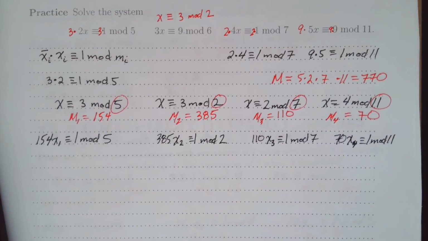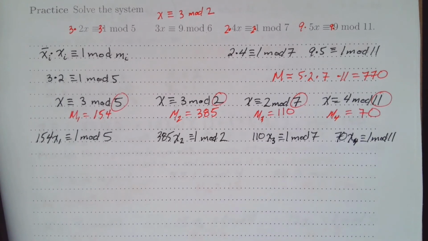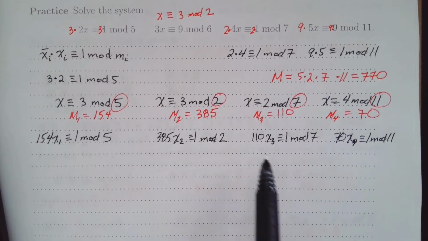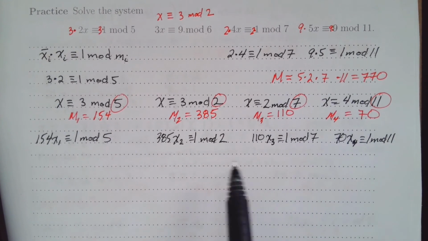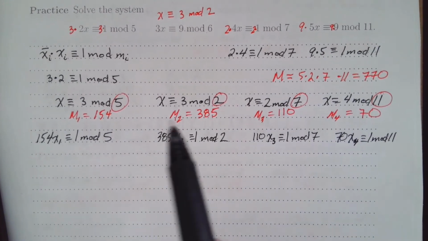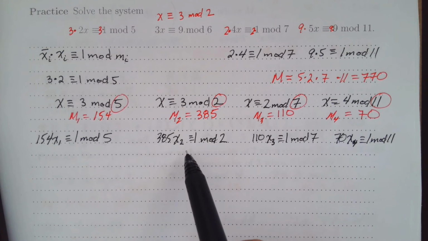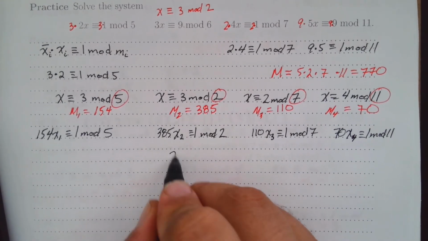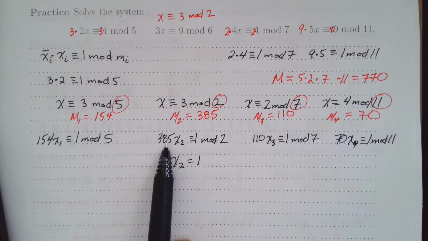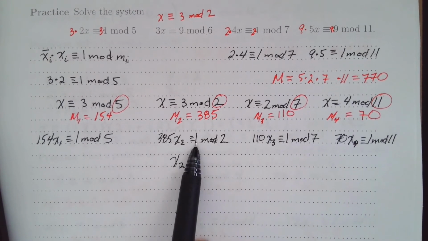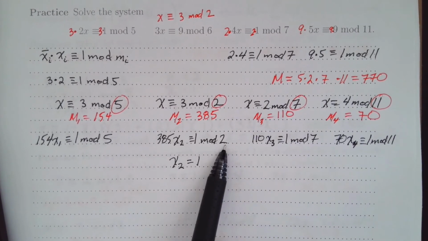Okay, so we have our congruences set up. Are any of these relatively simple and straightforward? Yes, it does seem right over here that x2 will equal 1 because 385 is an odd number and that will have a remainder of 1 on division by 2.